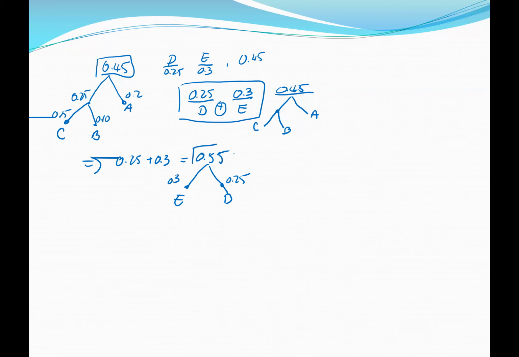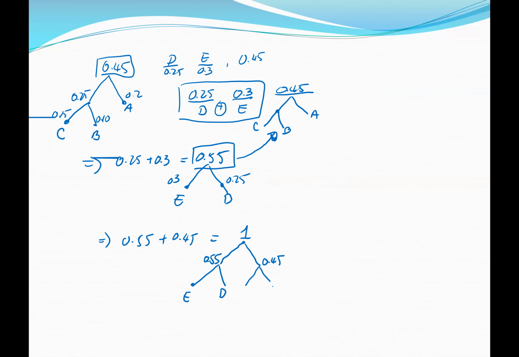So now you have 0.45 and 0.55. So you're gonna compare that. 0.55 is bigger. So next one you want to do is that you're gonna have 0.55 plus 0.45. So that gives you 1. So this one will contain 0.55 and then 0.45. 0.55 contains E and D. 0.45 contains A here, and then this one is a subtree of them, so this compares C and B. So there we go.